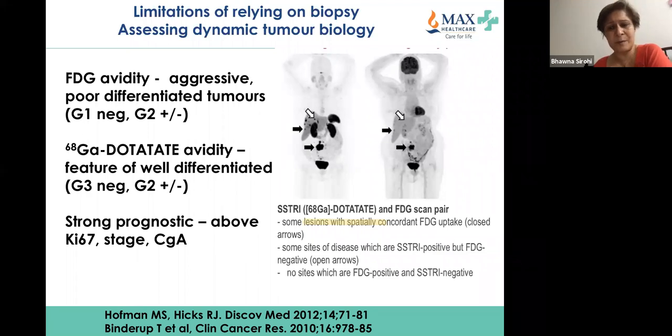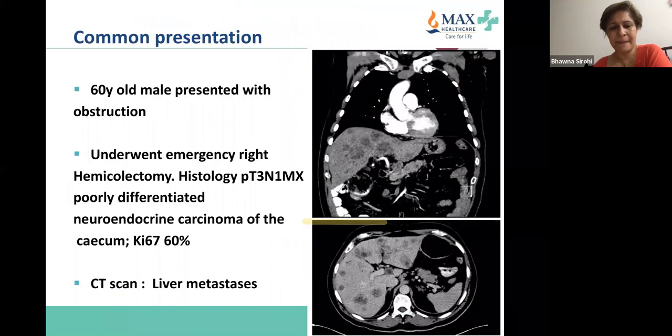And it's not possible to biopsy every area. So my practice is that in each new patient, I try and do both, because it helps me treat the patient better, and I'll come to that why. It is very strongly prognostic above Ki67, stage and chromogranin, though it has not been validated prospectively in clinical trials.